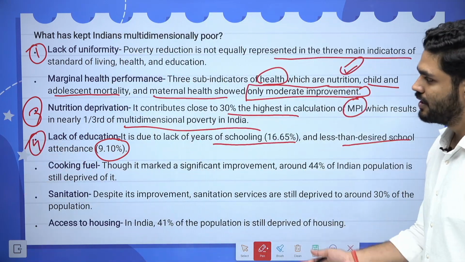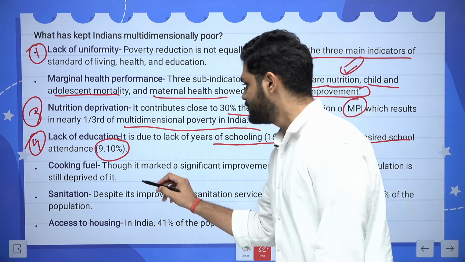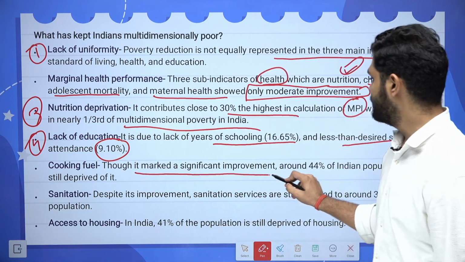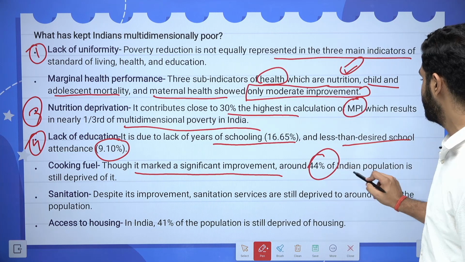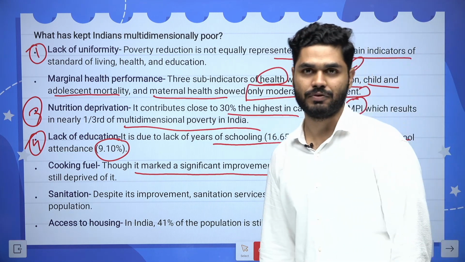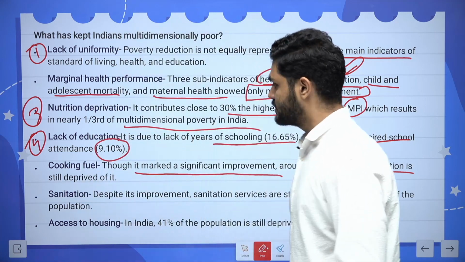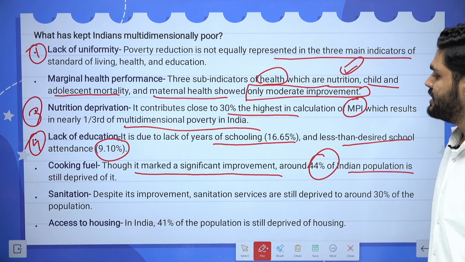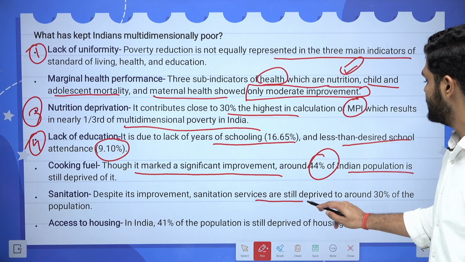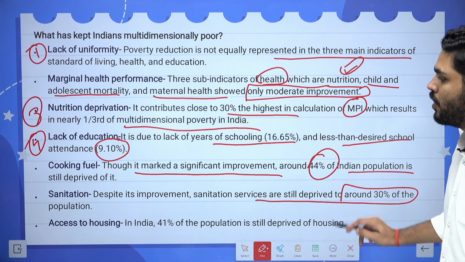Fifth point is a very basic thing, the cooking fuel. Though it marked a significant improvement, around 44% of the Indian population is still deprived of it. Okay, 44% of Indian people are still deprived of it. Sixth is sanitation. Despite its improvement, sanitation services are still lacking for around 30% of the population.